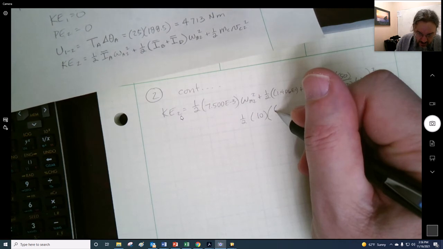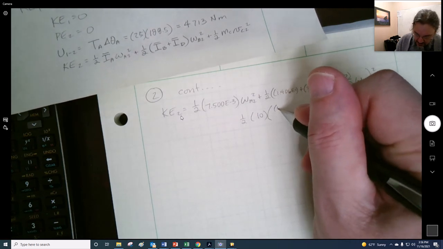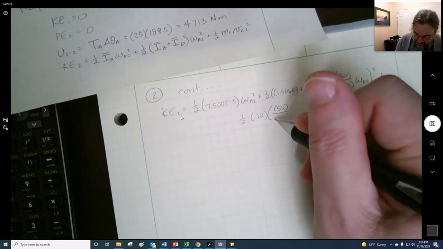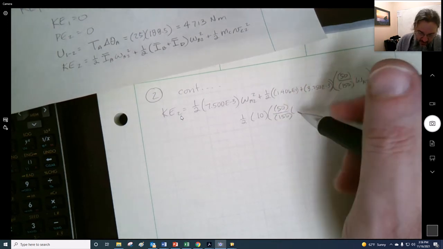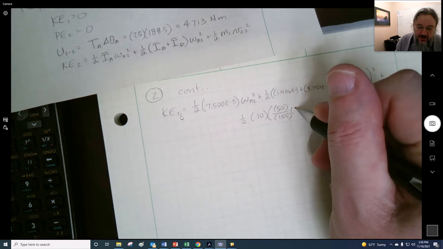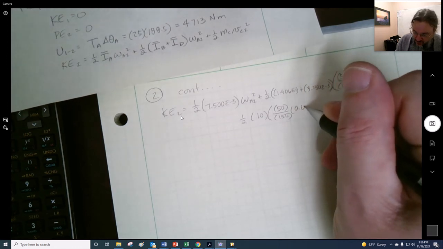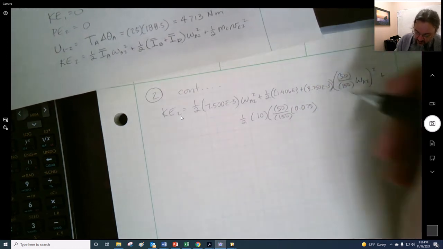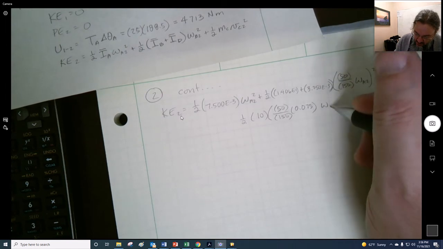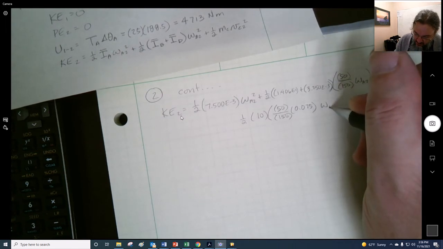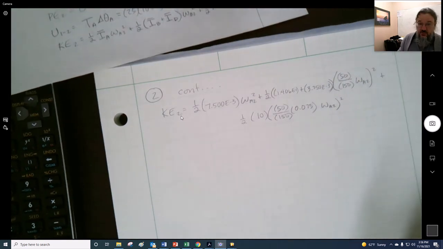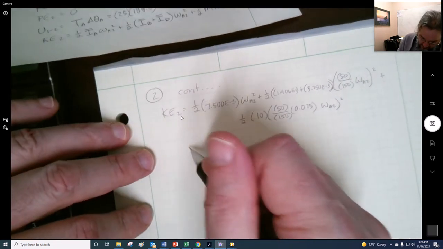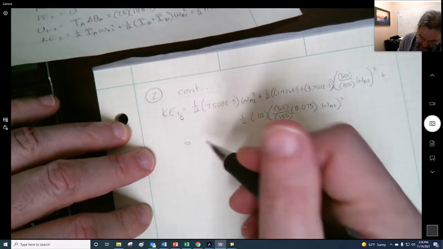So I guess it'd be confusing, but I'll leave it there. 50 divided by 150, but now I've got to get the RD. Definitely needs to be in 0.075, and then omega A2 squared. Okay. I think I got all that right.